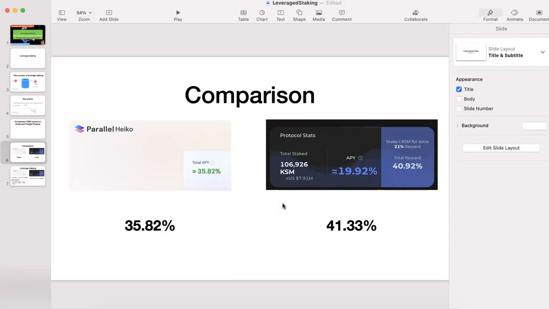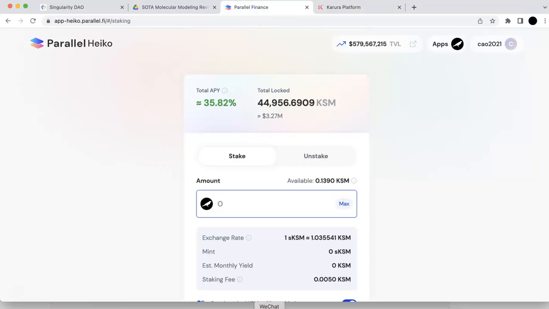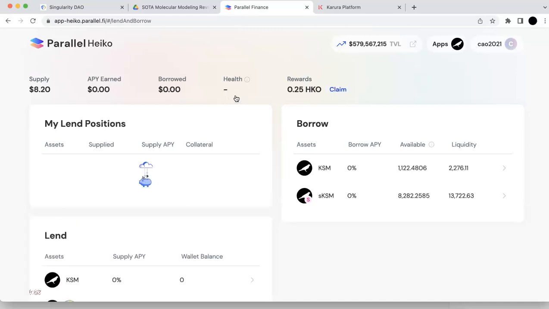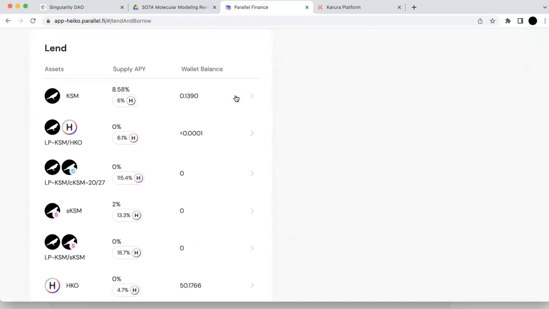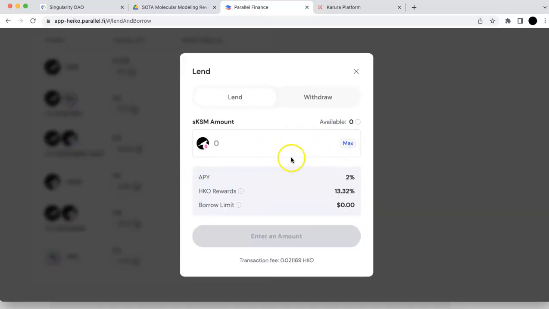But now let's apply the concept of leverage staking. So let's see what happens. Leverage staking on Parallel Finance, you can do that. If you go to the money market, as I said, you can get the SKSM, and then you can lend that.